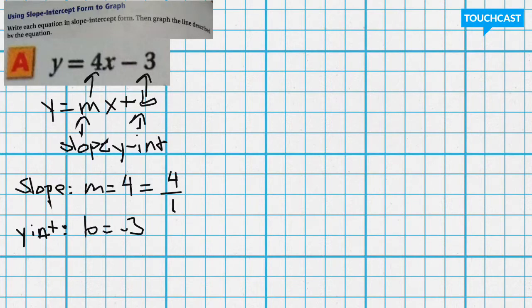So now we can move on to step 1, plot our y-intercept, and then step 2, from our y-intercept, use our slope to find another point, and then we can go on to step 3, connecting the dots.